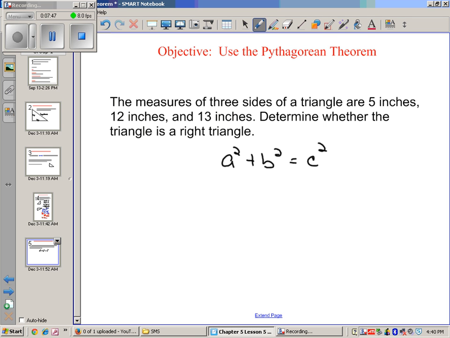And always, always, always, the longest measurement is going to be the diagonal, or C. So that'd be 13. So we're going to start off with 5 squared plus 12 squared equals 13 squared.